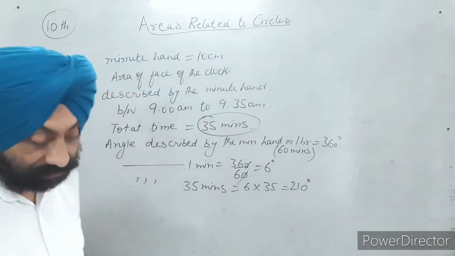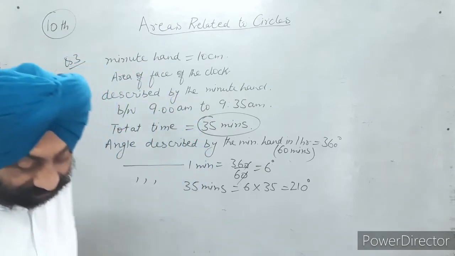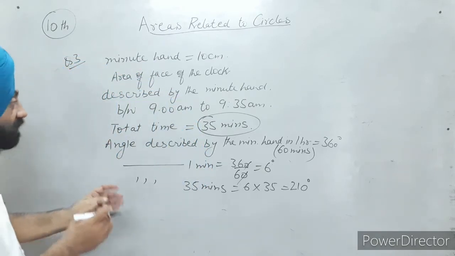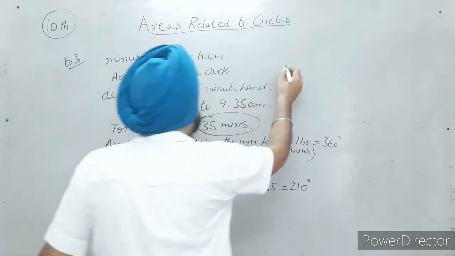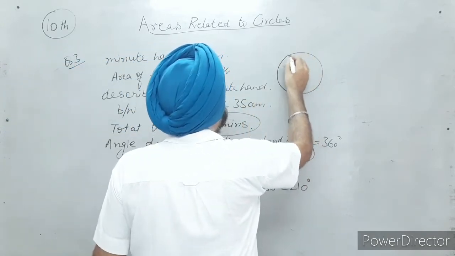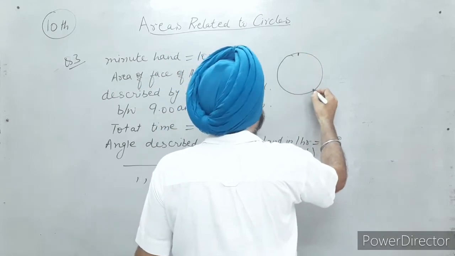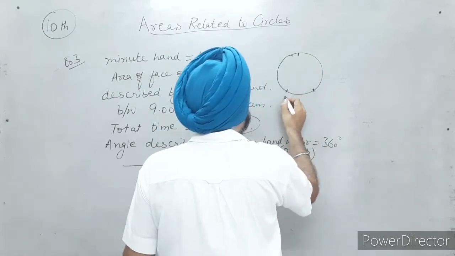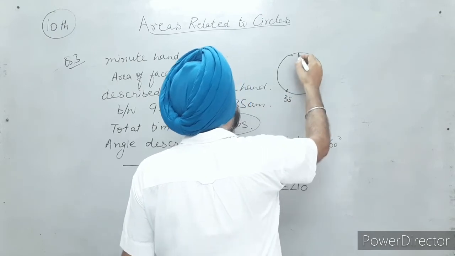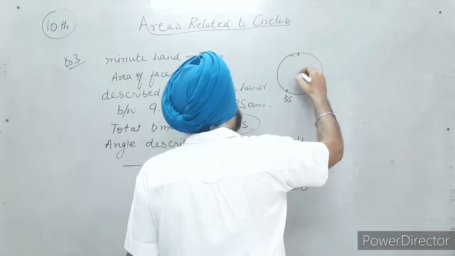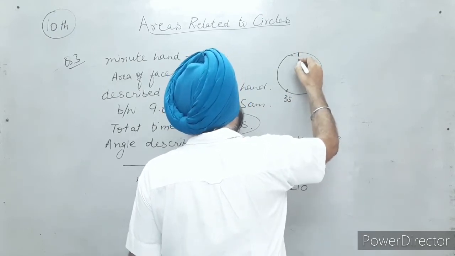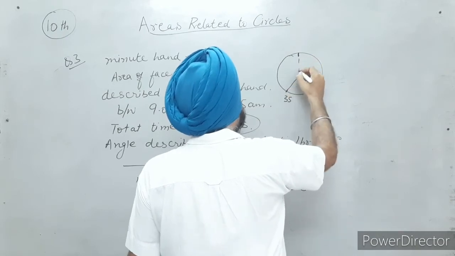Now it's a very, very simple sum. Just use area of the sector. Now look here, it will be like this. The minute hand was here at 12, then it was somewhere around 35. So I need the area swept by the minute hand, this area.